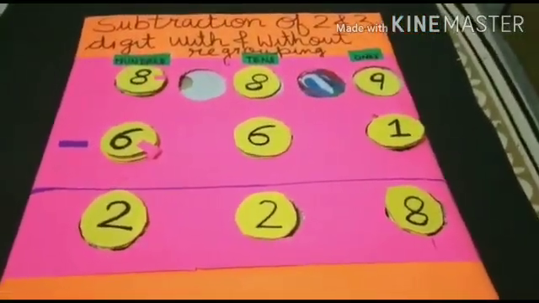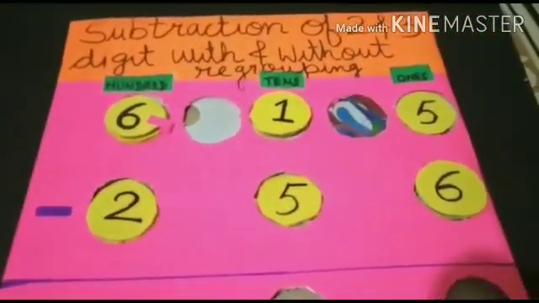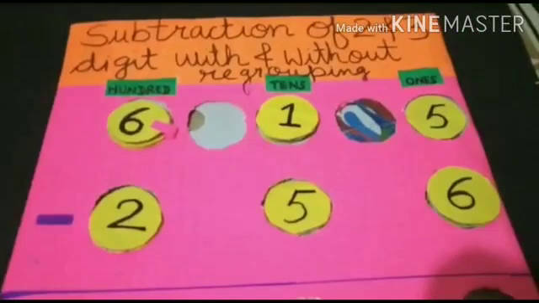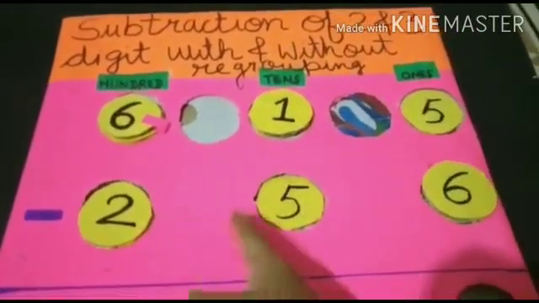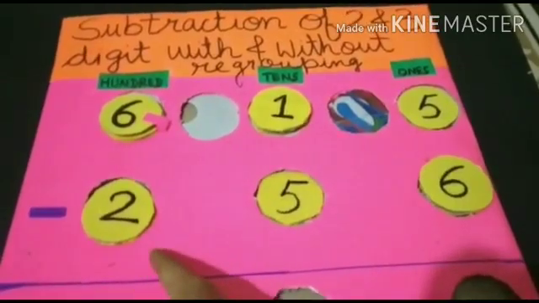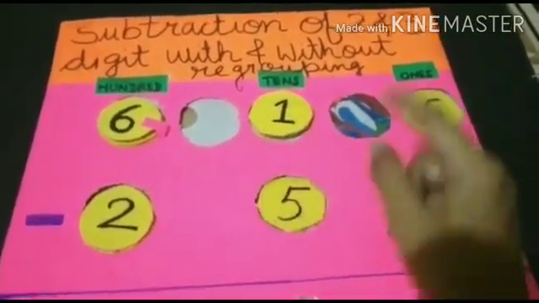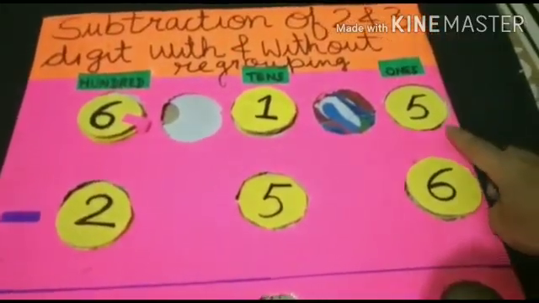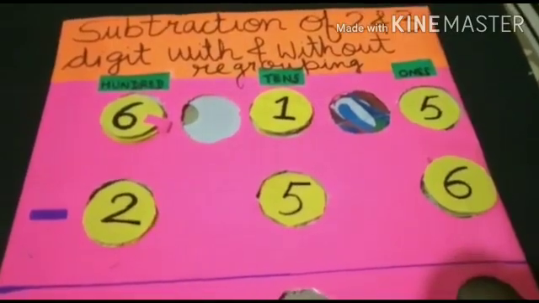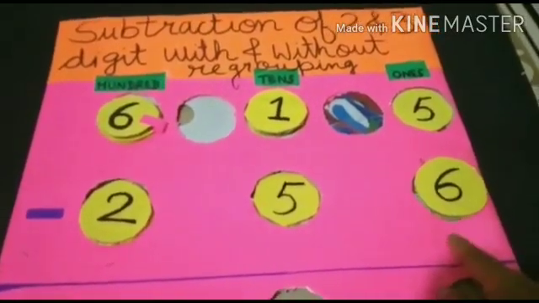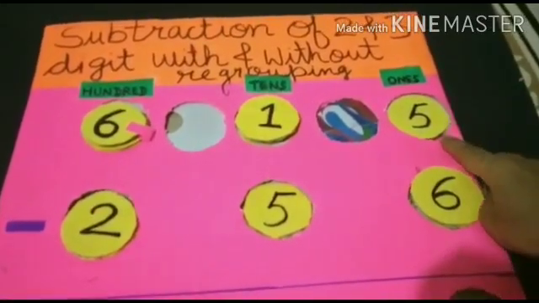Now we will do a sum with regrouping. Here 615 minus 256. So we have to subtract 256 from 615. Here we have 5 ones on the ones place and 6 ones on the ones place. Is it possible to subtract? No, because 5 is smaller than 6.